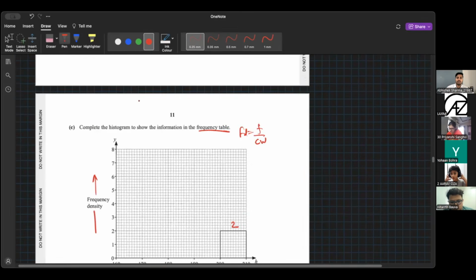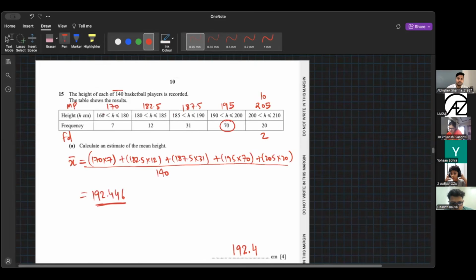Let's check the other one then. First you mark the class width. 160 to 180, the class width is 20. Here it is 5. Here it is 5. Here it is 10. So 7 by 20 is how much? 0.35.